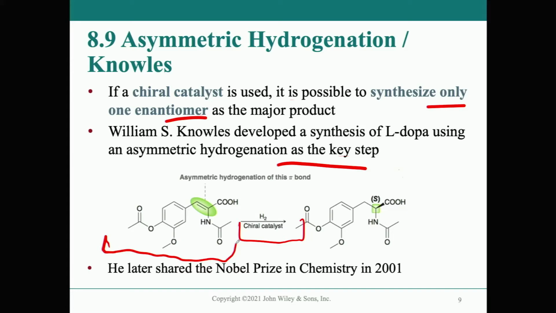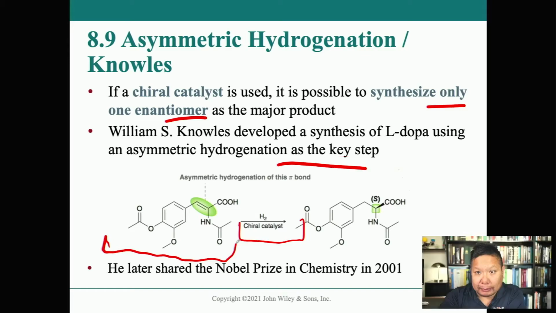I'm not going to get too far into that. He used a chiral catalyst, along with some hydrogen gas, and was able to get only the S enantiomer out of this reaction when he hydrogenated this double bond right here. And for that, he actually won the Nobel Prize in chemistry in 2001.